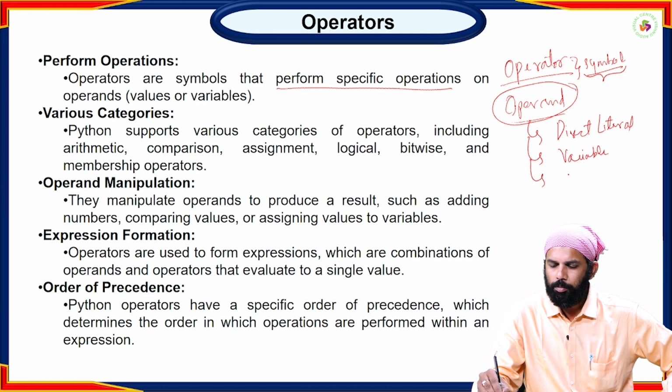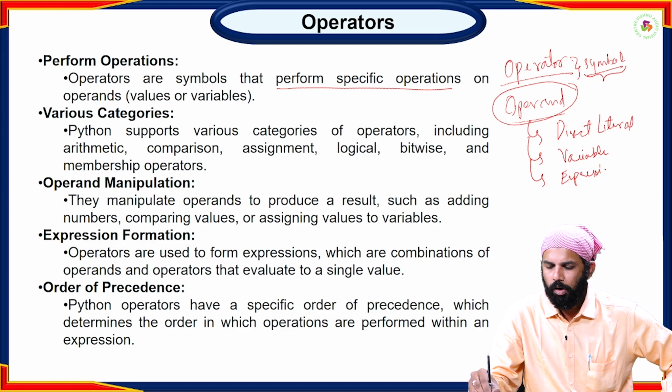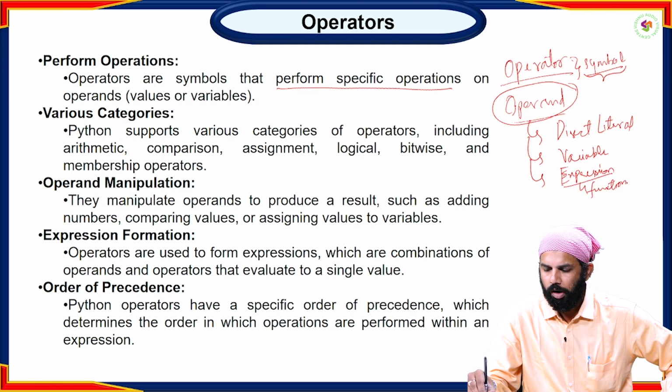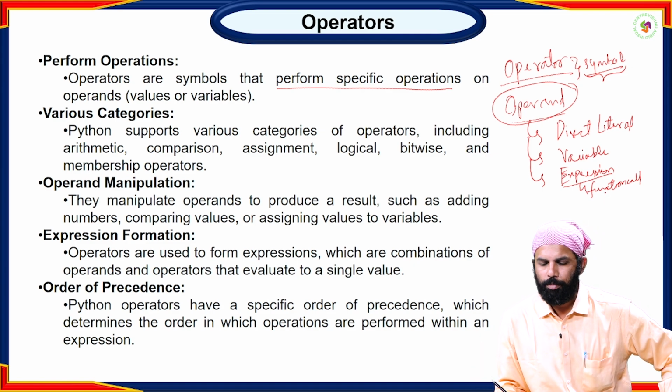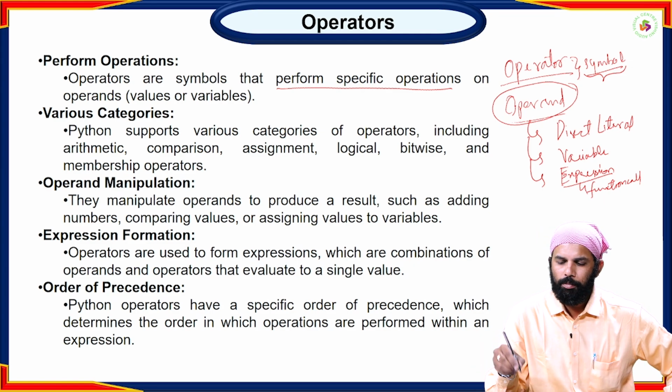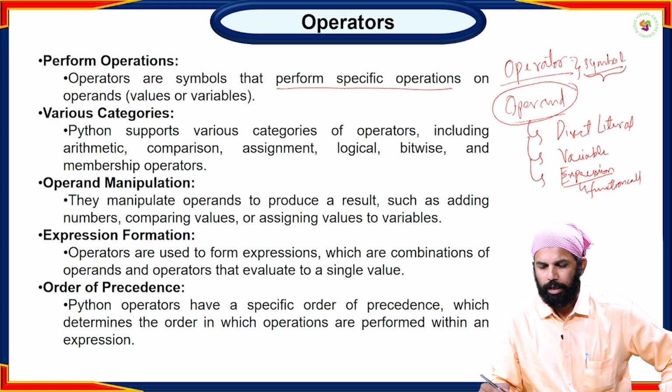The operand can be an expression in itself, which can again be a function call or any particular kind of assignment operator. So operands can be of these kinds of categories.